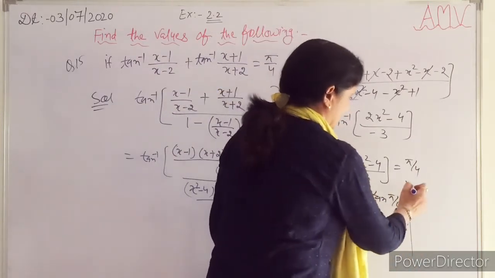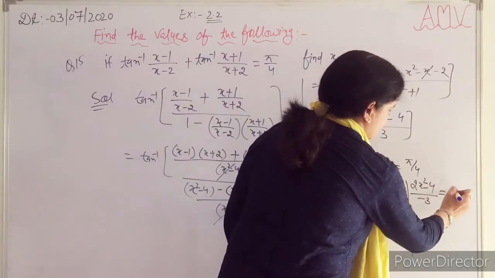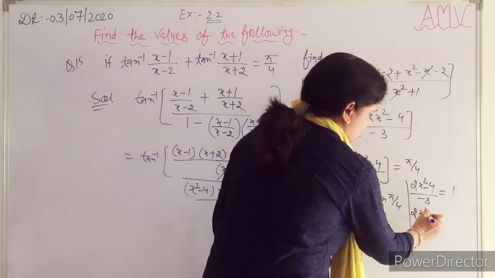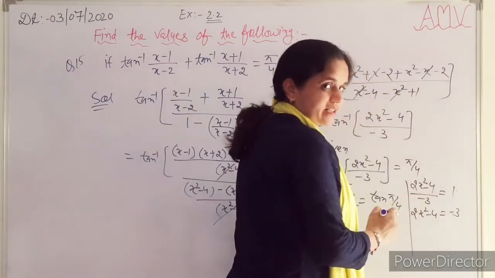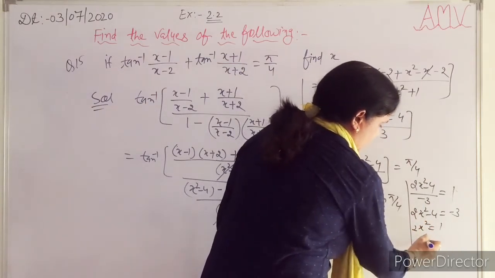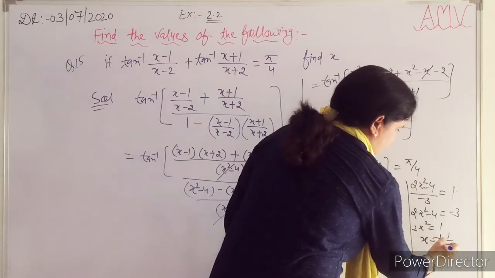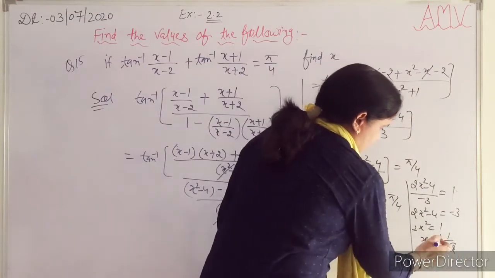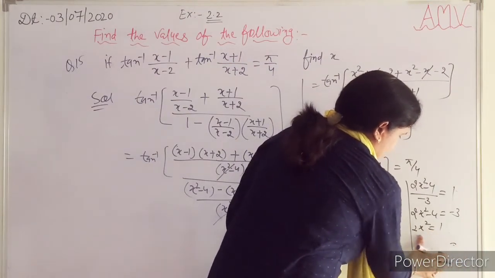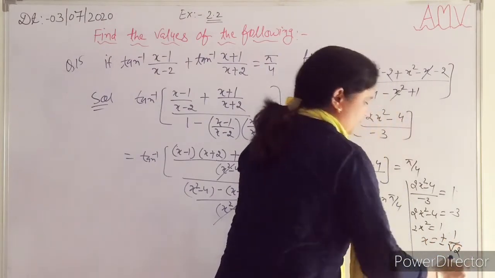So we will get 2 by minus 3 is equal to 1. Now 2 is equal to minus 3 plus x square minus 4. Okay. And 2x square is equal to 1. So x is equal to plus minus 1 upon root 2. Here the final answer is x is equal to plus minus 1 by root 2.